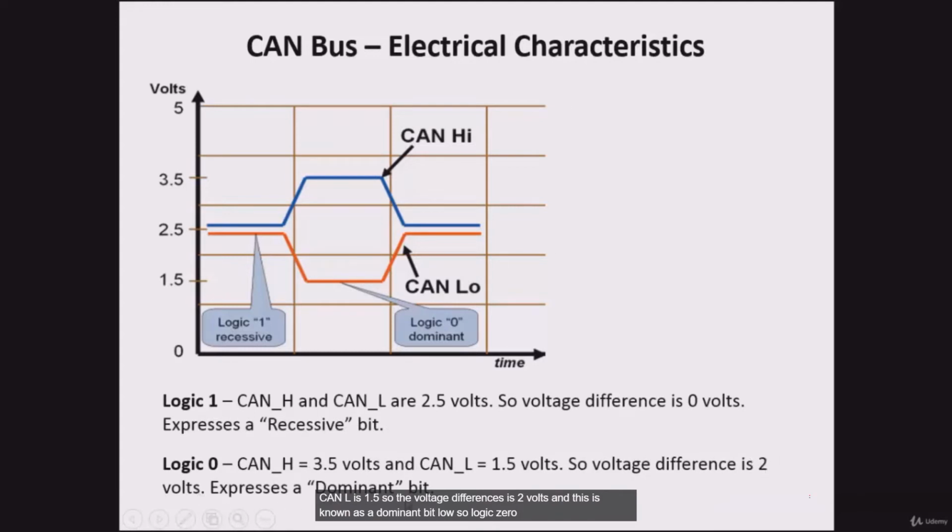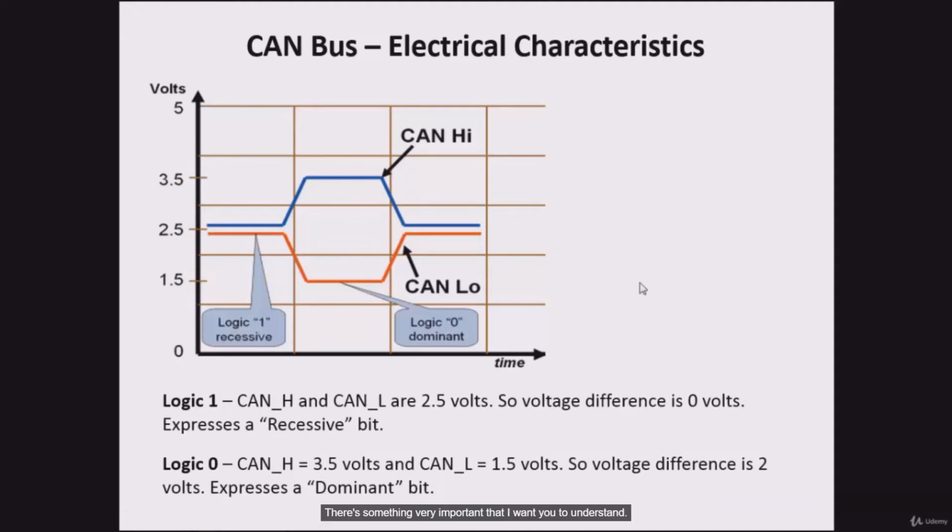And this is known as a dominant bit. So remember these things: logic 1 is recessive, logic 0 is dominant. And this is how CAN bus expresses logic 1 and logic 0 as voltages on these wires.